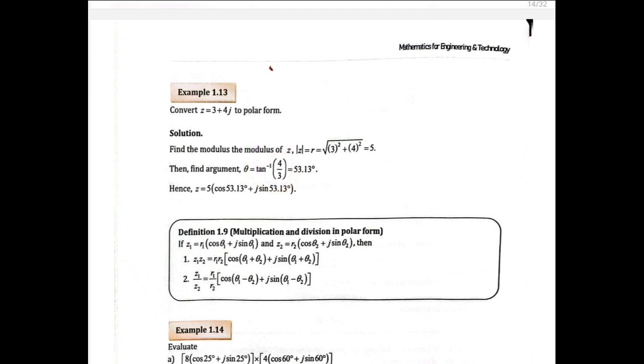Which should be taken directly, right? Let's assume that this is the first quadrant. This is where the theta should be, and we take it directly because it is from the positive x-axis. Okay, so 53.13.